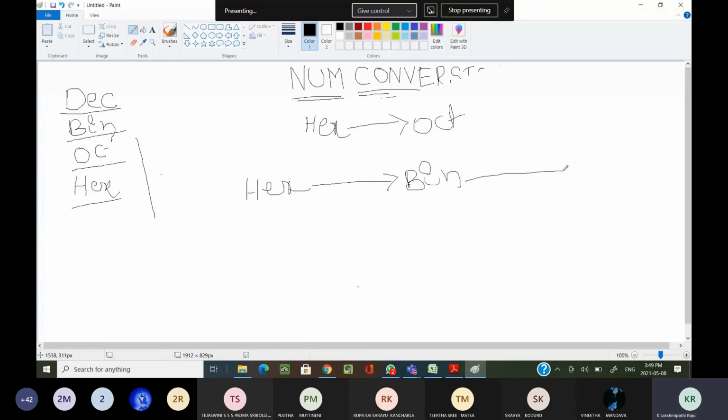How many bits should I consider here? A 3-bit representation, whenever you are converting binary into octal.